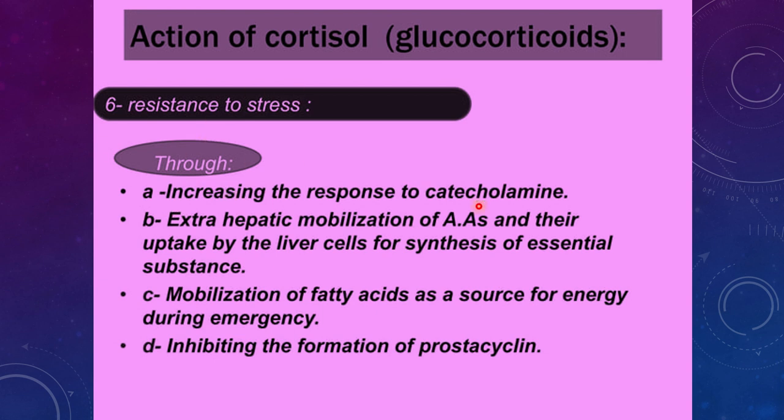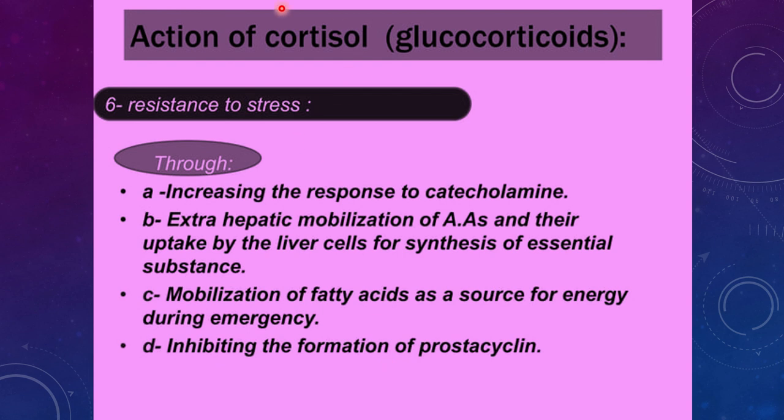Resistance to stress: here we can see increasing the response to catecholamine, extrahepatic mobilization of amino acids and their uptake by liver cells for synthesis of essential substances, mobilization of fatty acids as a source of energy during the emergency, and inhibiting the formation of prostacyclin.